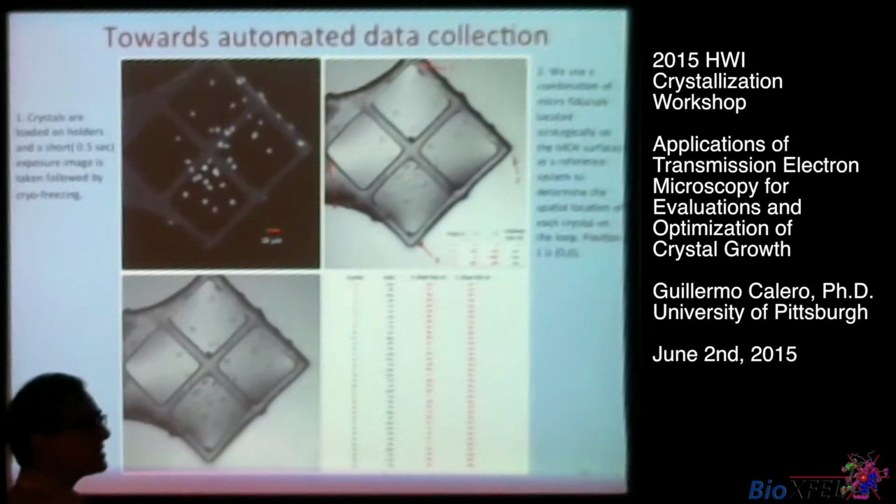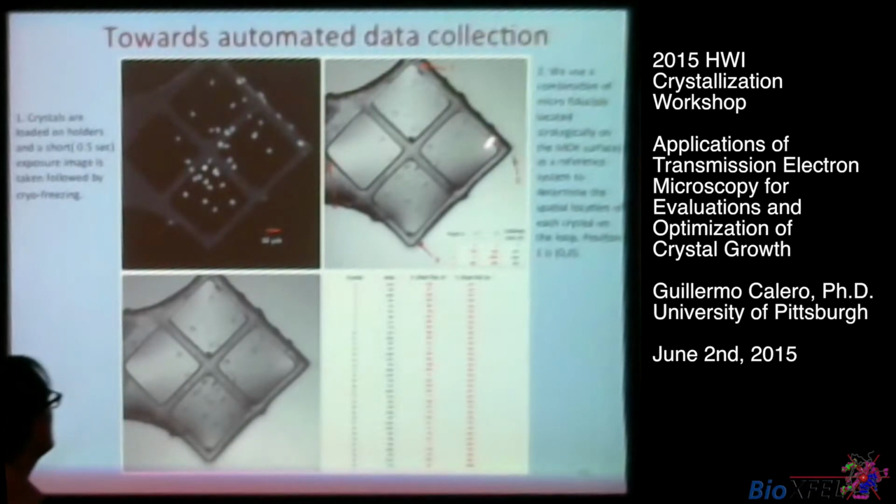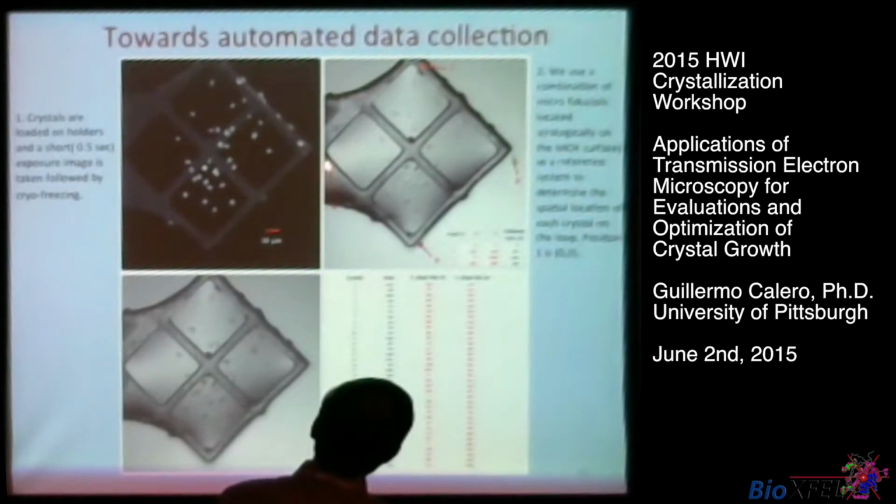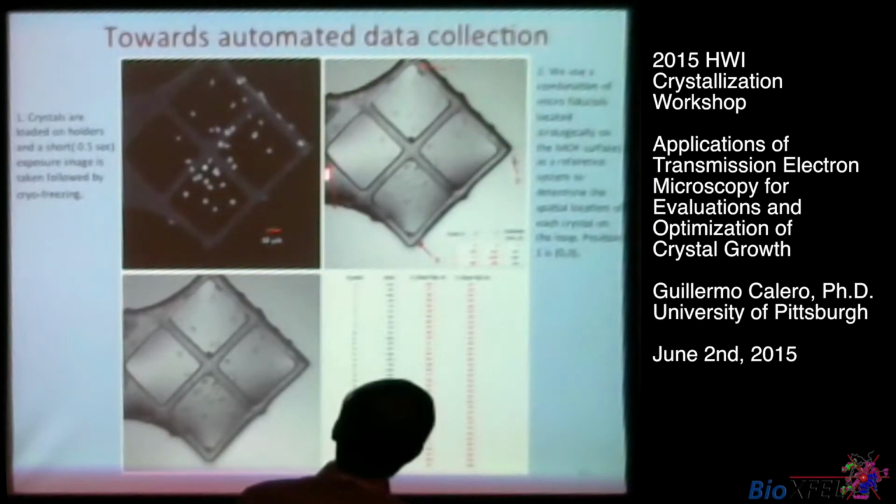So we wanted to choose some fiducials so that they could basically get the position of the grids for the correction. So basically, we got the crystals, and this is the bright field image. These are the fiducial points that we chose, which are not very accurate, but you can see them there.